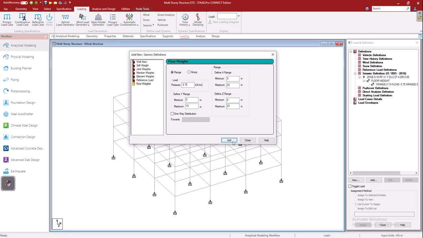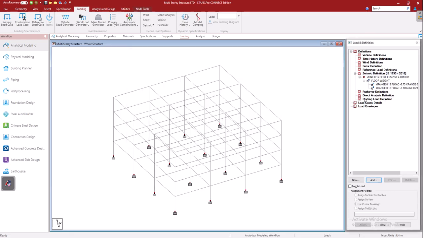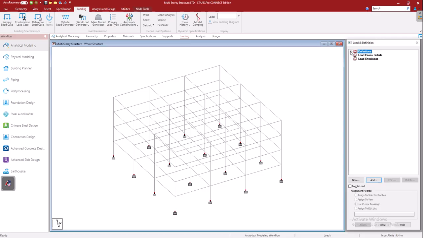This is now only the weight of the slab. Now I am going to add the 3 kilonewton live load, because the Y range, X range and Z range are similar. Once I do this, I am complete with this seismic definition.